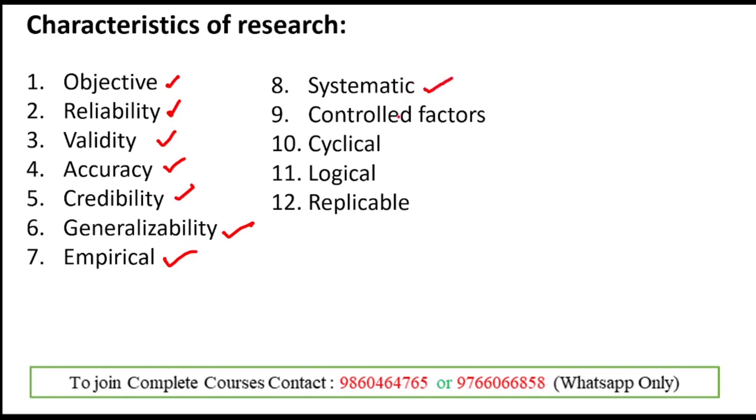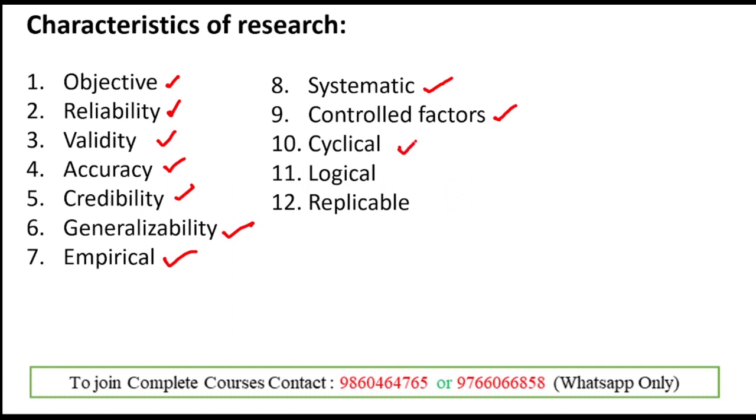First we have to make the research problem, then the objective, hypothesis, etc. So the systematic way of research is important. Then control factors. For a research and also for an experiment, the factors must not be freely movable. There must be control over these factors.